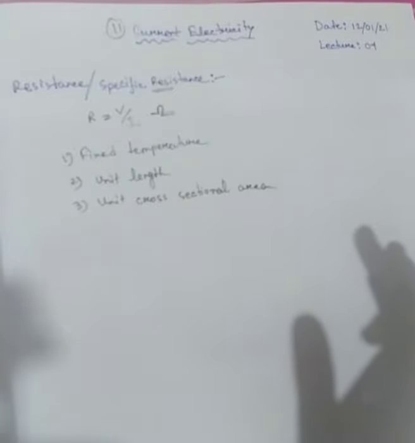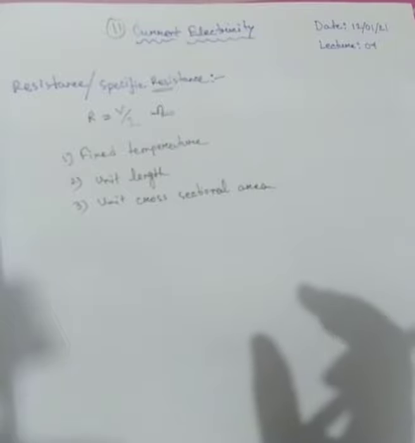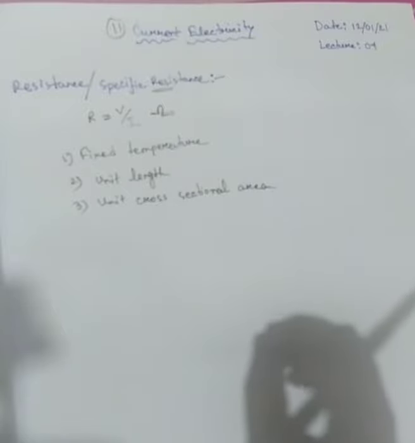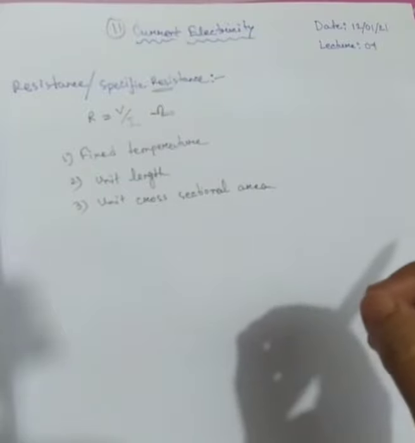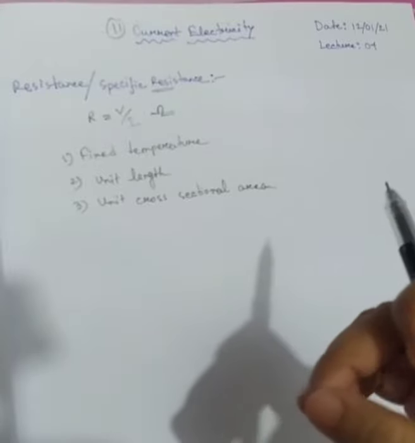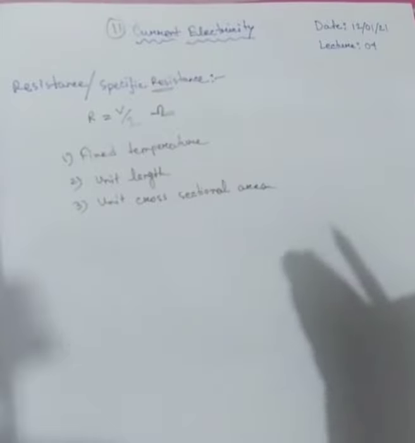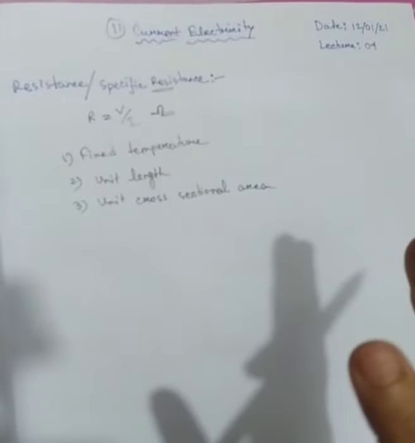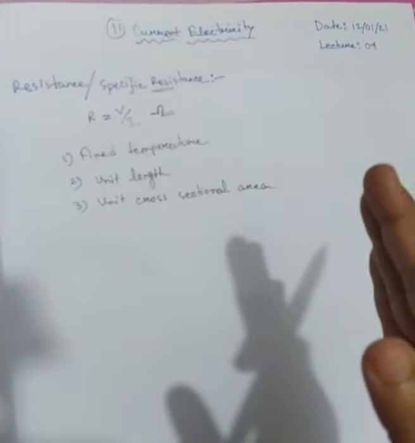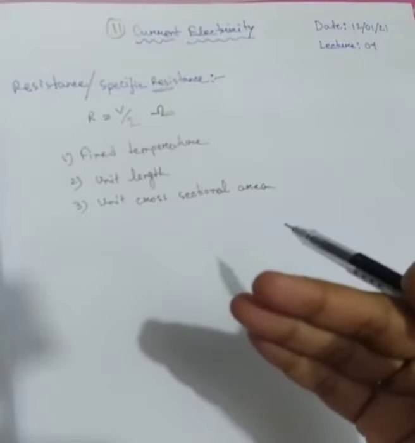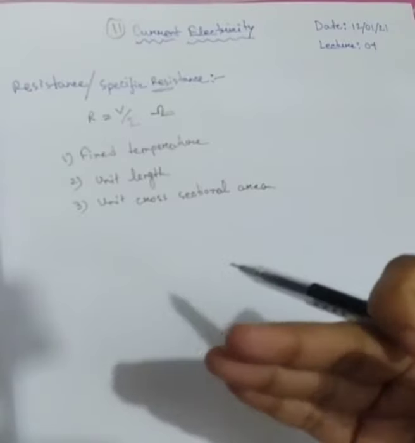Another criterion is that a fixed temperature has to be maintained for measuring specific resistance, and it has to be unit length and unit cross-sectional area at the same time. But in the case of resistance, there was no mandatory fact that for measuring resistance we have to mention unit length or unit cross-sectional area.